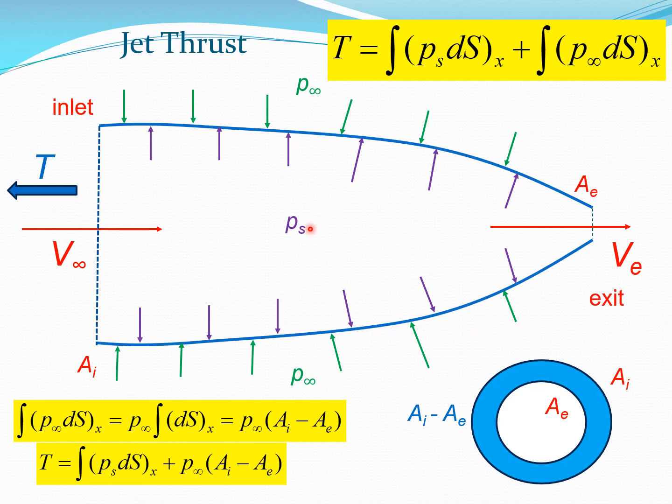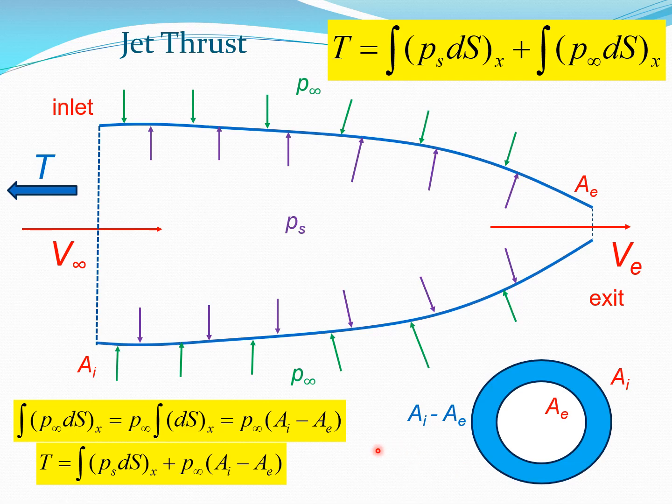Now, therefore, we can write this equation, and of course, what we need to do is simplify it. We need to find some estimate for these quantities. As far as the quantity involving P infinity dS is concerned, you can simplify it easily because P infinity is a constant. You can bring it out of the integral, and then this dS_x simply becomes AI minus AE, which is this cross section in blue which I have shown here.